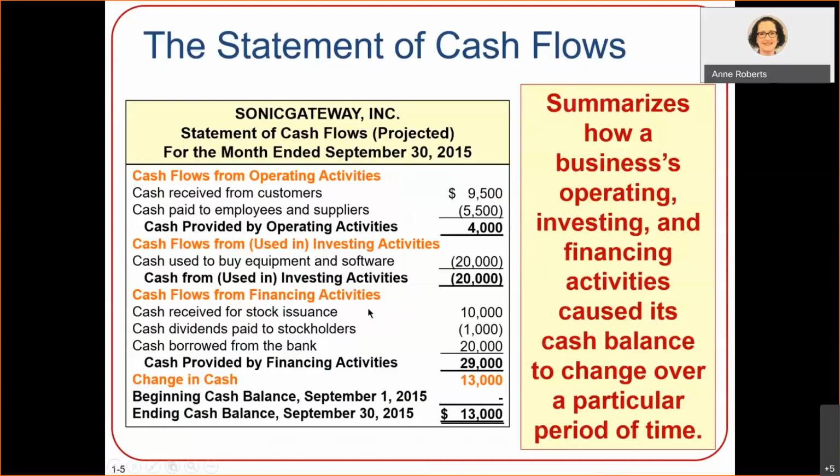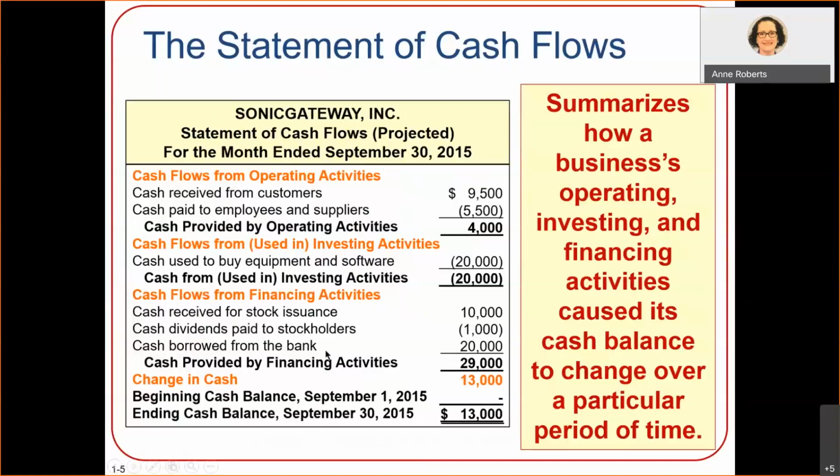Then you've got financing activities. So now with financing activities, we're over on the liability and equity side of the balance sheet. And we've either issued stock, paid dividends to stockholders, or we've borrowed money from the bank or paid back money that we borrowed from the bank. So when we get down here to financing activities, we're on the liability and stock side, and it's back and forth from the stockholders, back and forth from the bank.